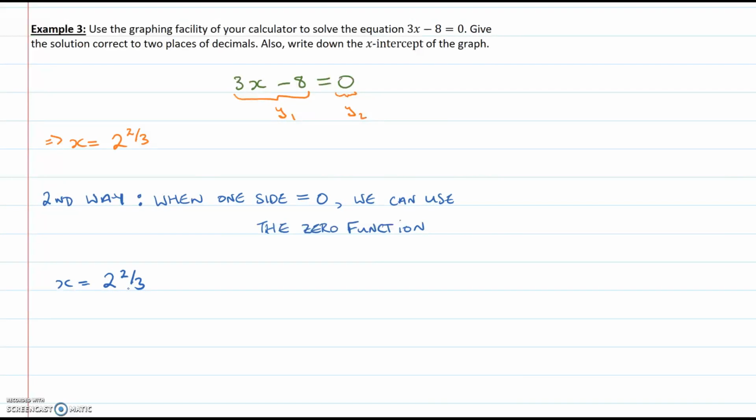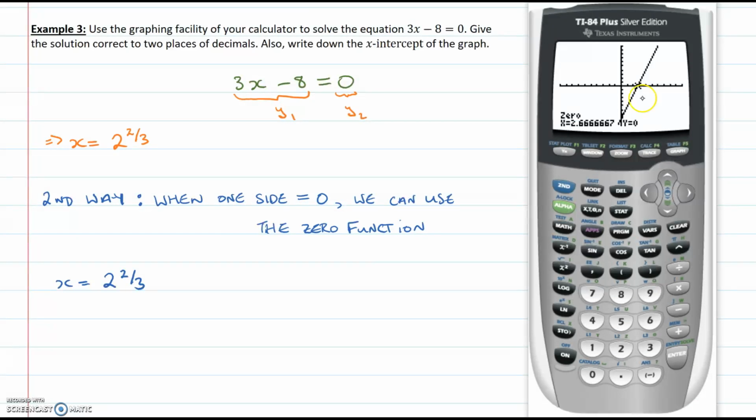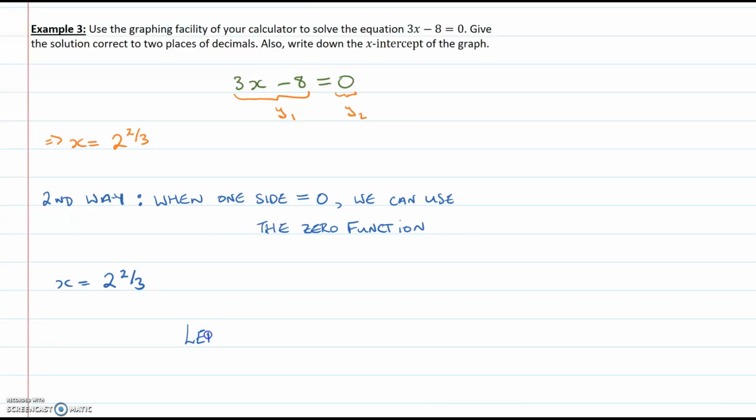Now the biggest thing to remember when we use the 0 function is that we started off on the left side and then moved to the right side. That is always the way this works. You do the left first, press enter, and then you go to the right second, and press enter, and press enter again.